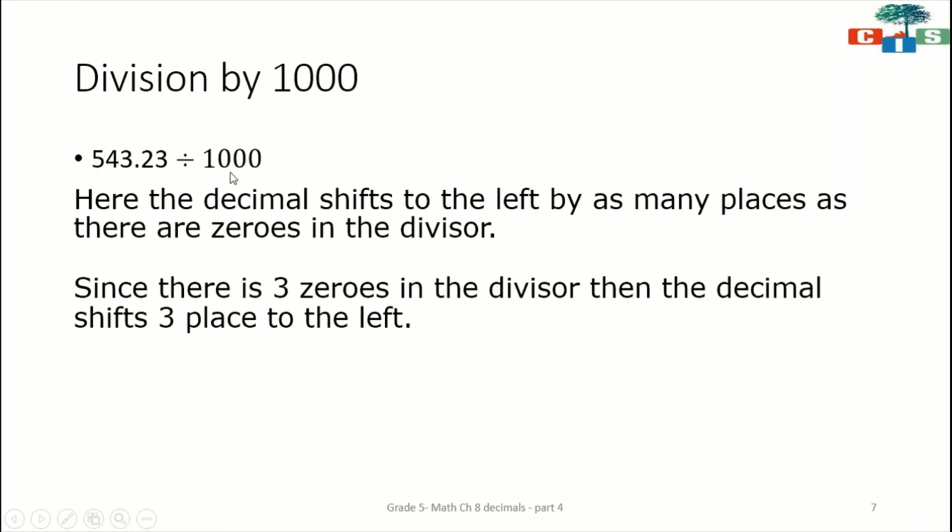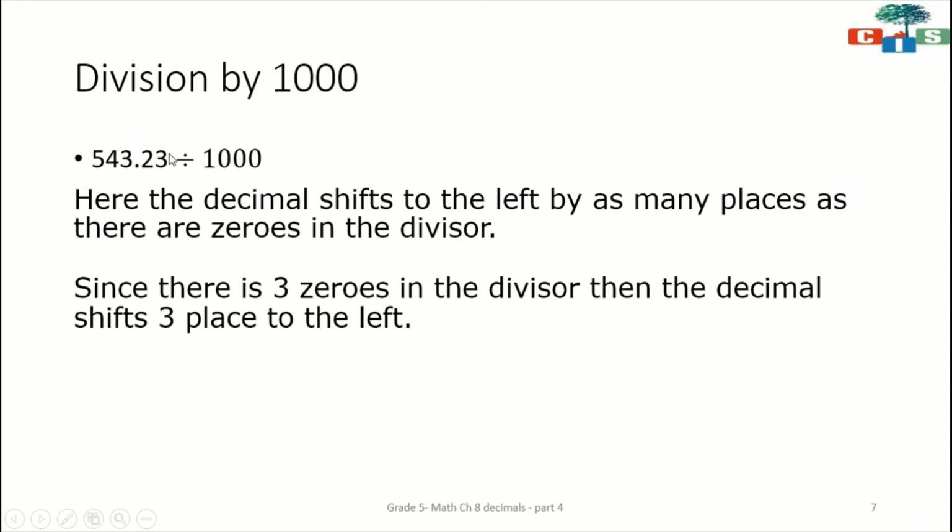That means we have to shift this decimal point to its left by how many digits? By 3 digits. Why? Because we have 3 zeros in the divisor. Now we'll start with it. Here we have the decimal point between 3 and 2. So we have to shift this decimal point to its left by 3 places. So 1, 2 and 3.